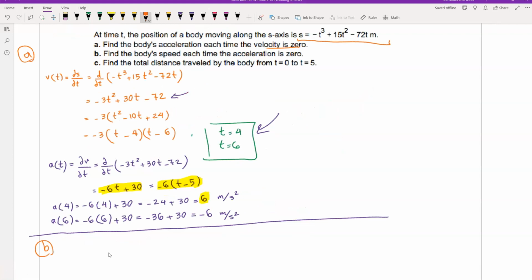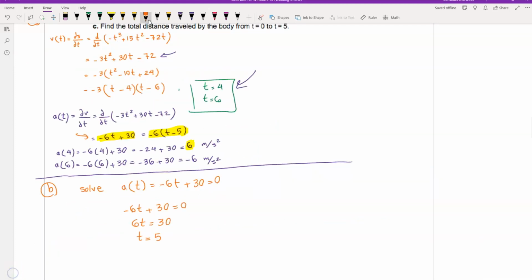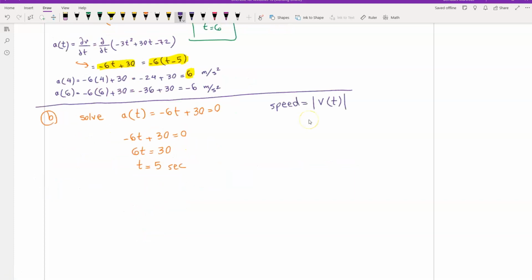Now for part B, we have to find when the acceleration is 0 by solving what we had here on this part, negative 6t plus 30. So here our time is 5 seconds. And now we have to use velocity to find speed. Speed is equal to absolute value of velocity.